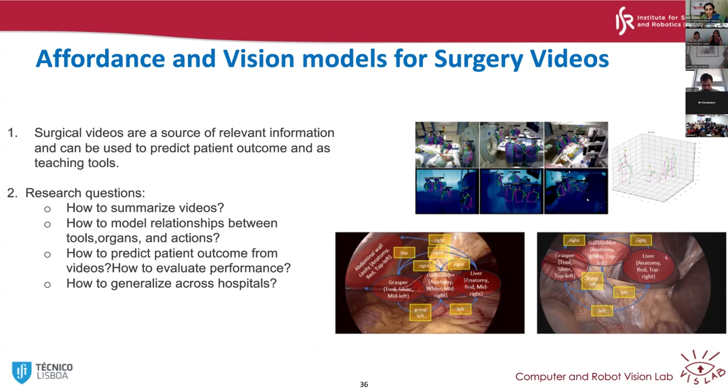I don't remember. Do you remember, Plinio, which one they used to acquire these skeletons? Yeah, I don't remember, but it was something like OpenPose. This is not Kinect, that I'm sure, or RealSense. Okay, thank you very much, Catarina and Rita.